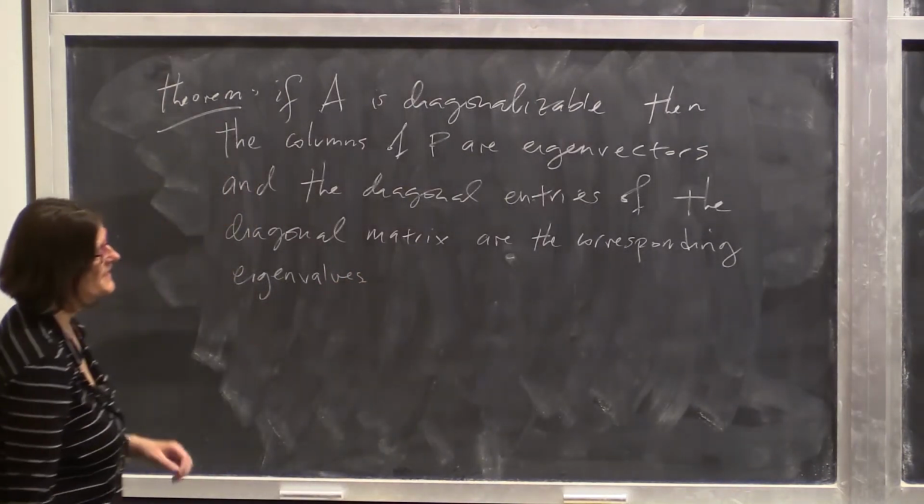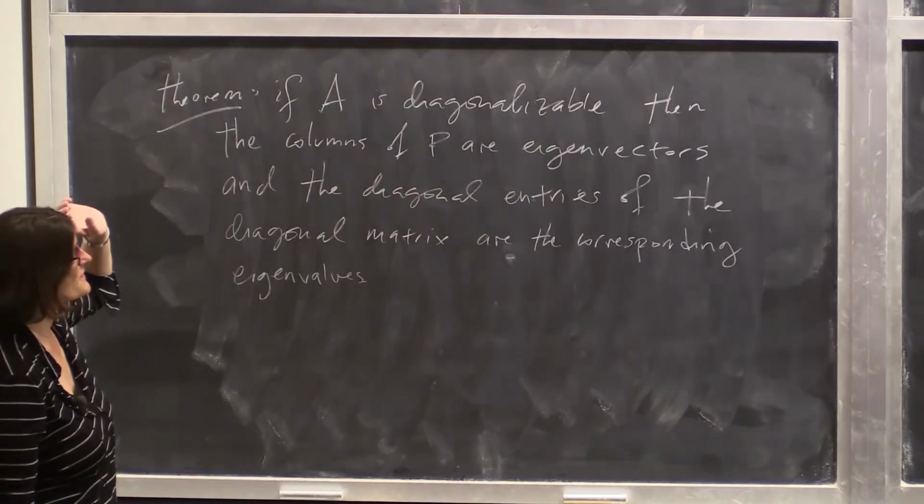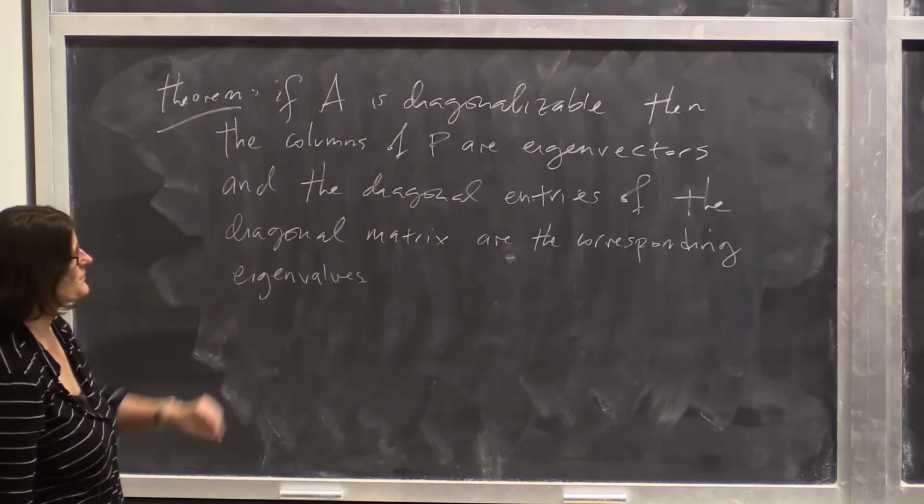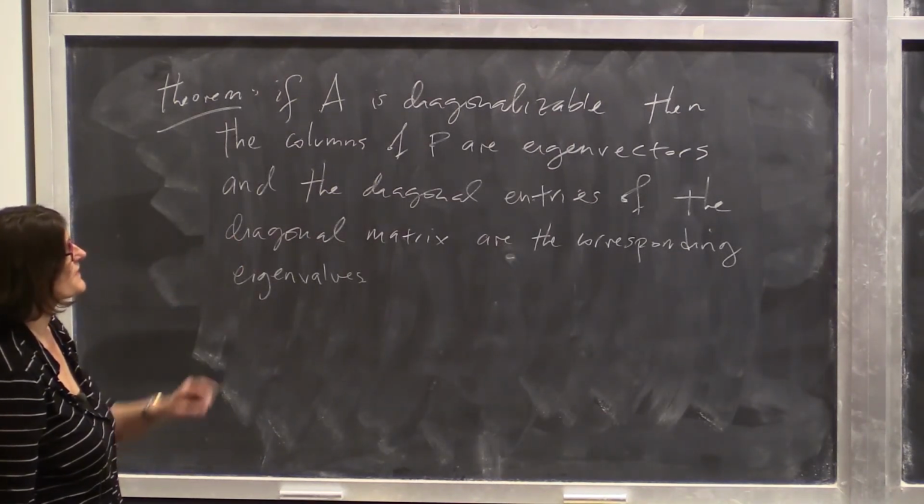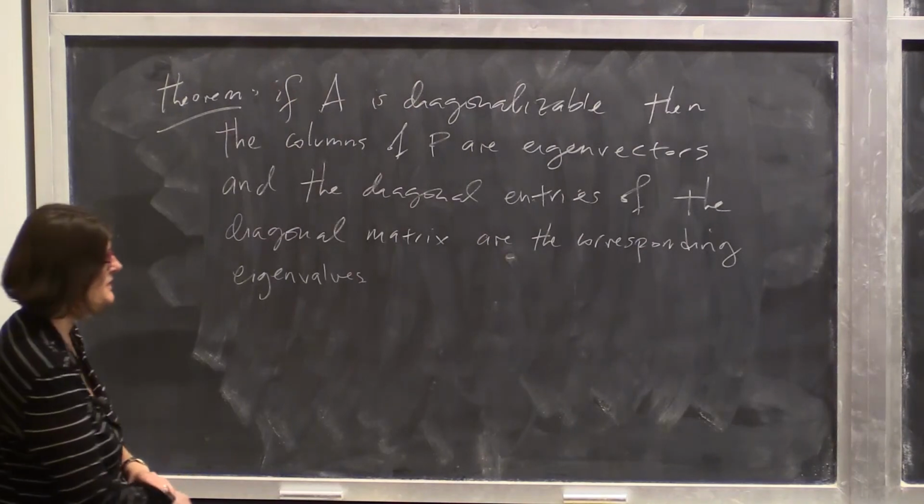So this tells us that if you're able to diagonalize a matrix, then the columns of P must be eigenvectors and the entries on the diagonal must be eigenvalues.